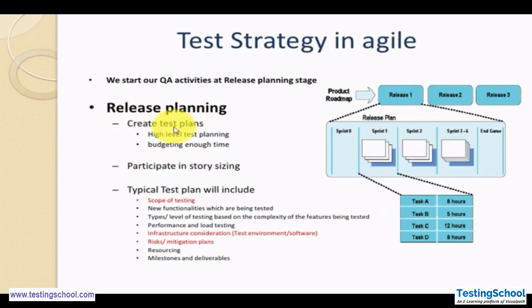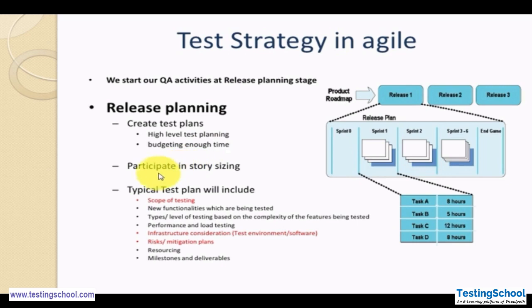So release planning creates a test plan. It is a high level test planning, budgeting enough time. So in the release planning we take care of all the high level planning meetings, and whether we have enough budget for this particular release or this particular product.